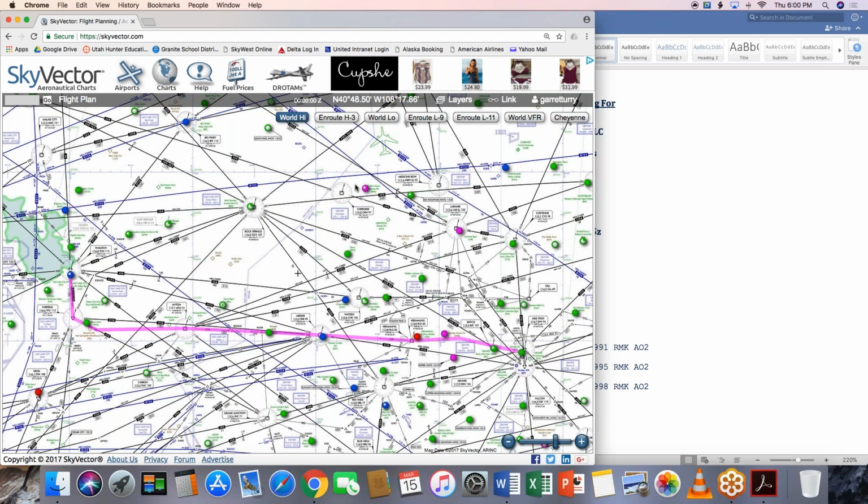So this is our cruise capability chart, altitude selection. You have your weights down here, like 52, 54, 56, whatever.